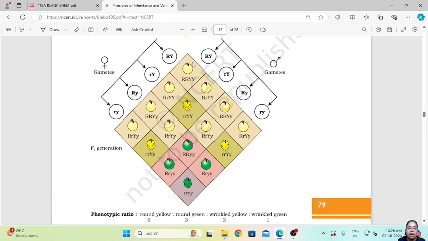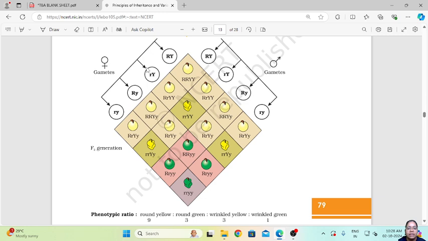This is how we cross the gametes, that is, capital R capital Y into capital Y capital R. So you will get round and yellow seeds. Likewise we continue with the crossing, and what we get is a table of the F2 generation.